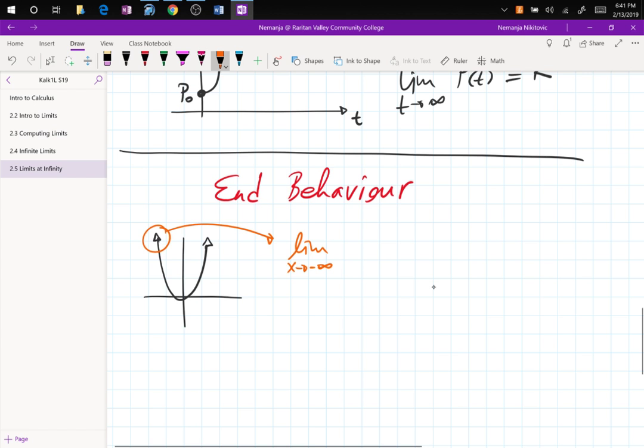Do we all see that? And you're getting positive infinity on top, and this one is limit x goes to positive infinity of x squared. You're also getting positive infinity. This is known as end behavior of the function.